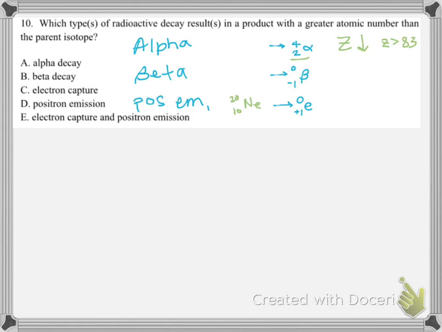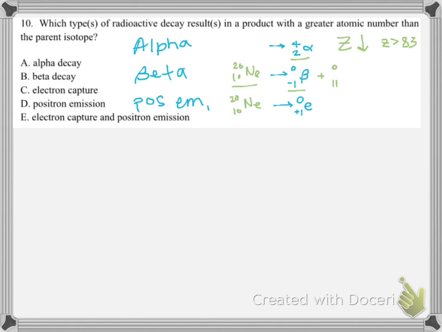If it underwent this beta emission, to balance the left side of the reaction with the right side of the reaction, we would actually have to increase our number of protons there.